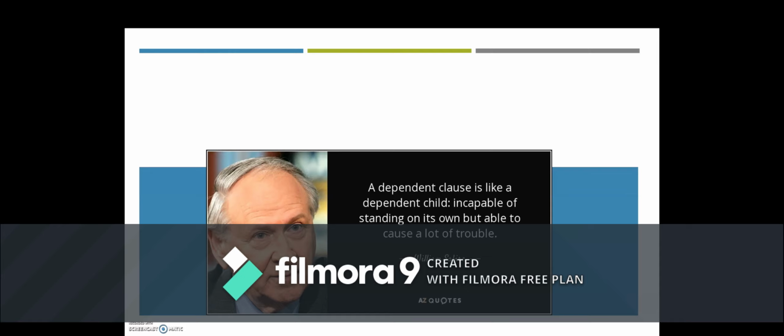And as William Safire said once, a dependent clause is like a dependent child, incapable of standing on its own but able to cause a lot of trouble. If you don't know exactly how to use them, you can be misunderstood, and that's not what you want. I bet that's not what you want.